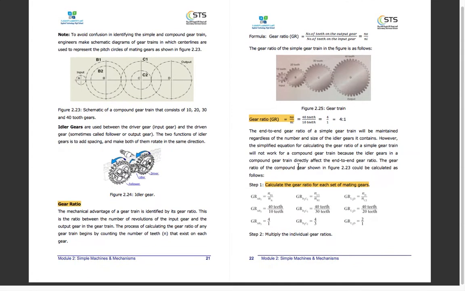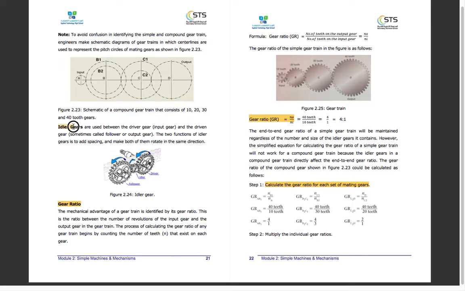In this, they haven't shown us a compound gear train. Let's look at this diagram. So find the gear ratio of A and B1. B1 over A times C1 over B2 times output over C2. So you find the ratio of each pair of gears and then multiply them. This will give you the gear ratio of a compound gear train.